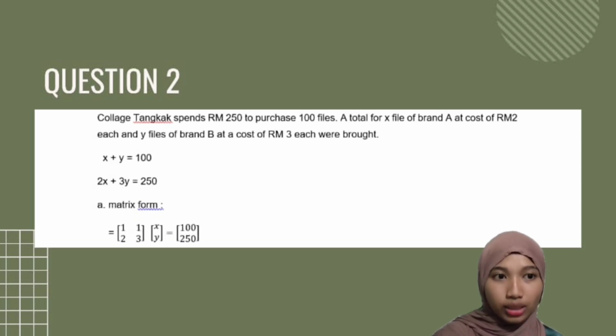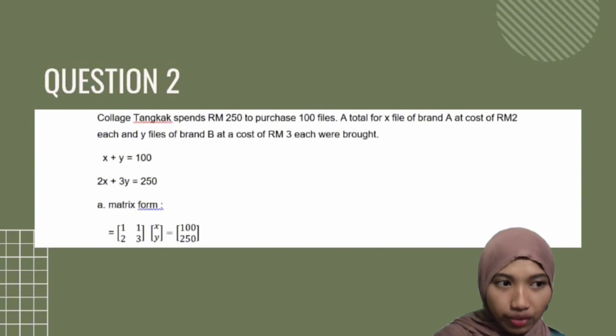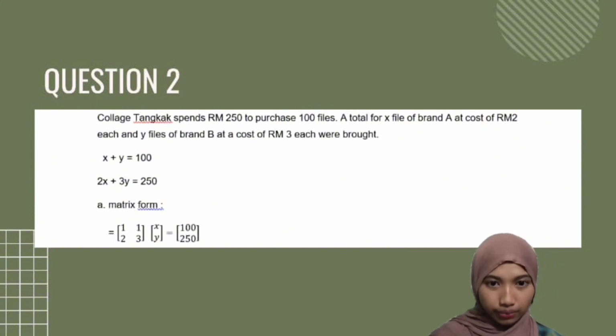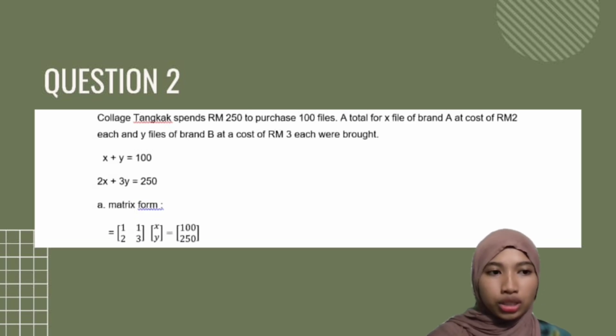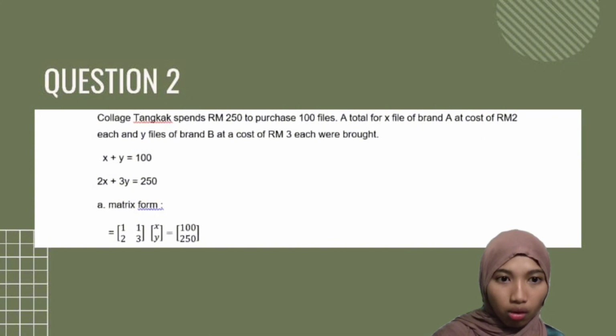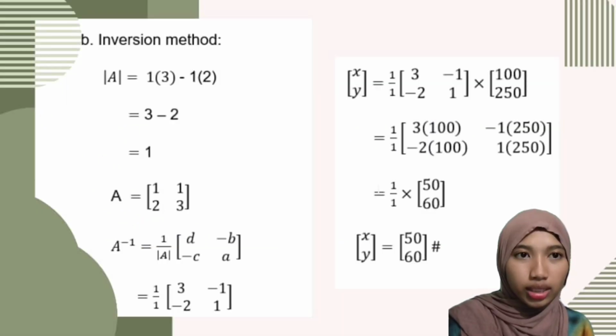The matrix represents the coefficients of X and Y from the system of equations. The vector in a column, X, Y, represents the unknowns that we want to solve for. We need to find it using the inversion method.